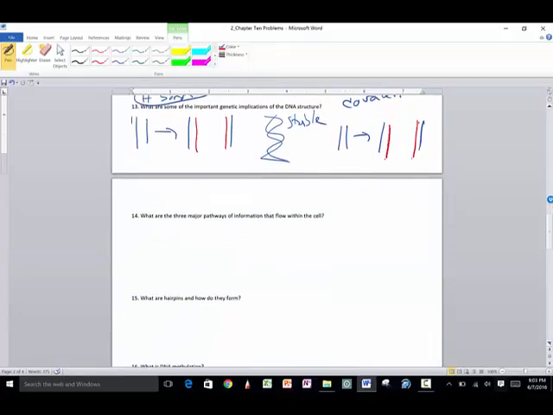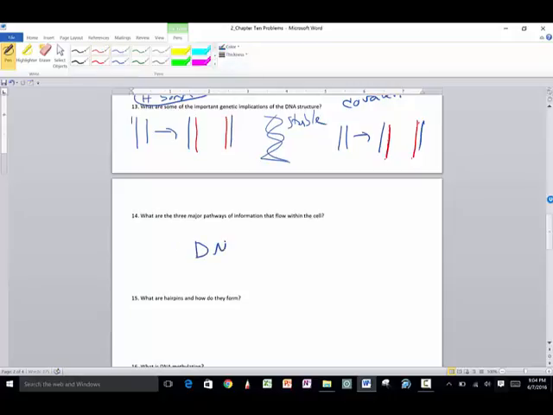What are the three major pathways of information flow? Three? Oh yeah. So this is the central dogma of molecular biology. All right. So this is kind of the theme of this whole section.